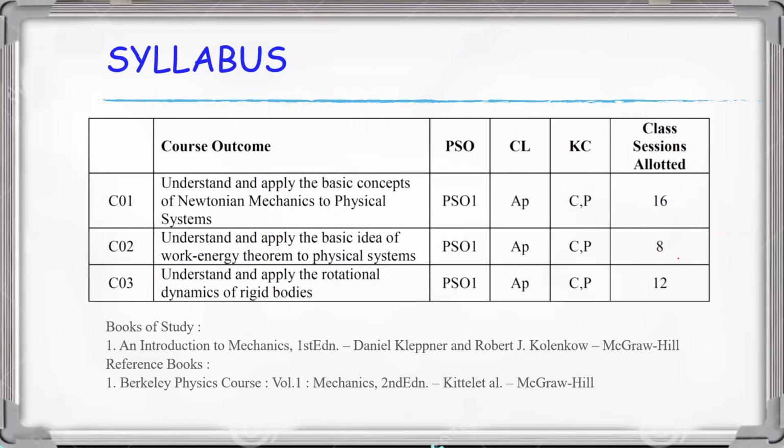Now we go to the details of our theory paper in the first semester. The title of the first semester paper is Mechanics 1.